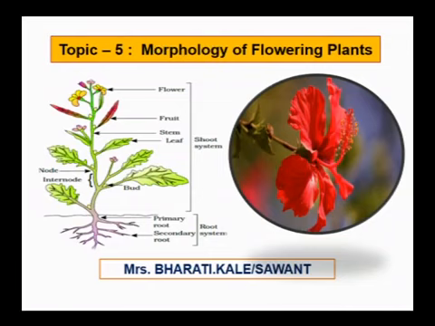The root system develops from the radicle of the seed, and the shoot system is an ascending axis developing from the plumule of the seed.